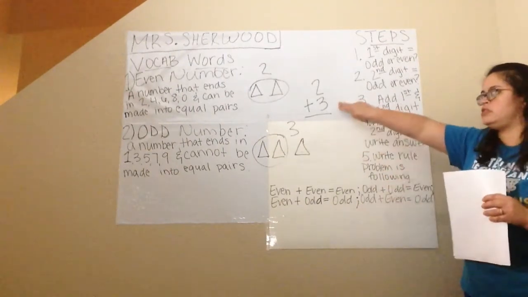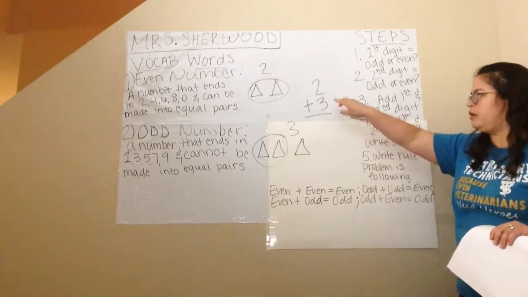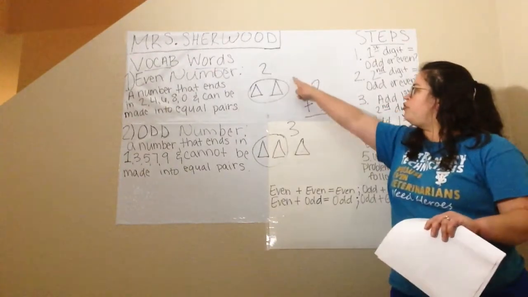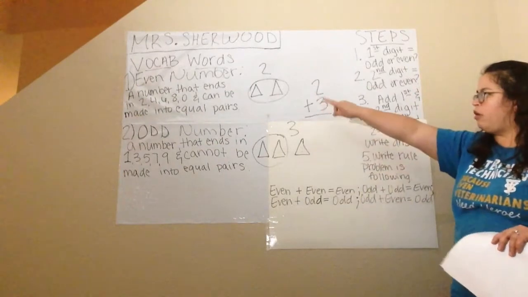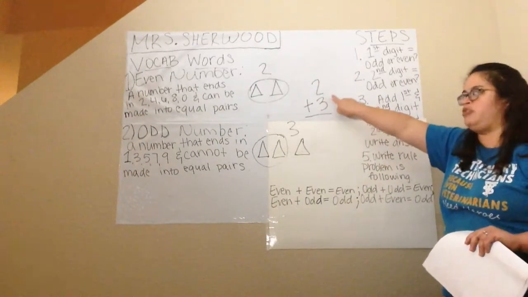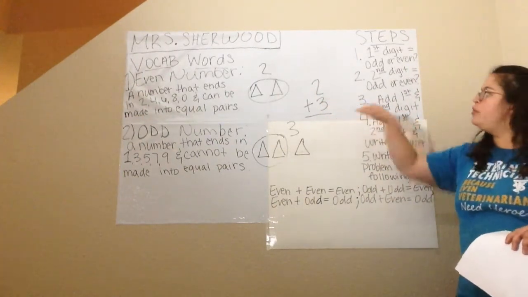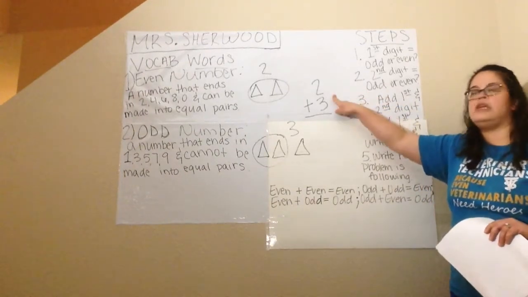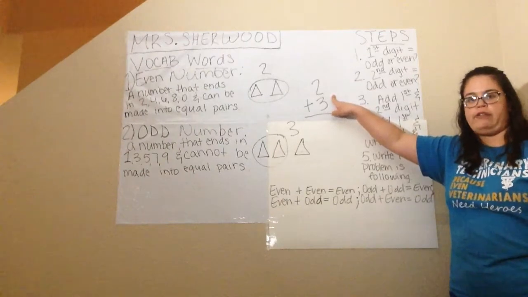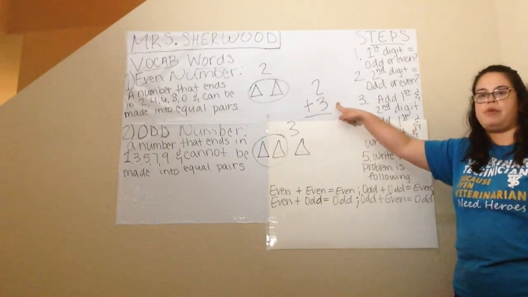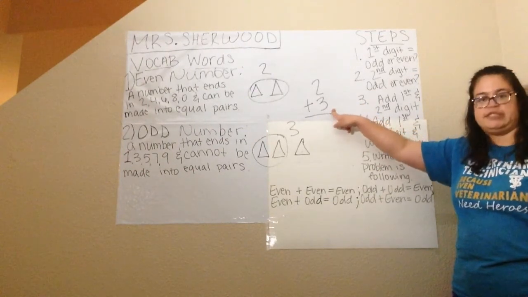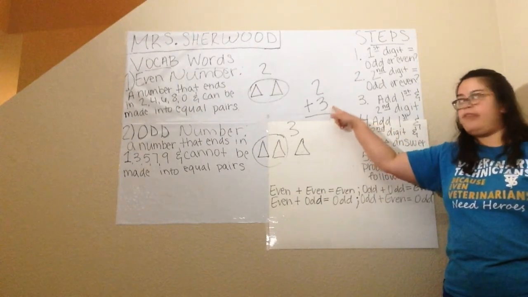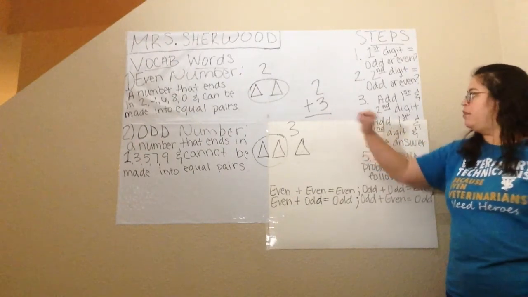I have a simple problem here using our numbers 2 and 3 from our vocabulary words. So I just put 2 plus 3 here. We'll look at our first digit, and we're just going to determine if that first digit is an odd or an even number. The next step, we're going to look at our next digit, the second digit, and determine if that digit is an odd or an even number.